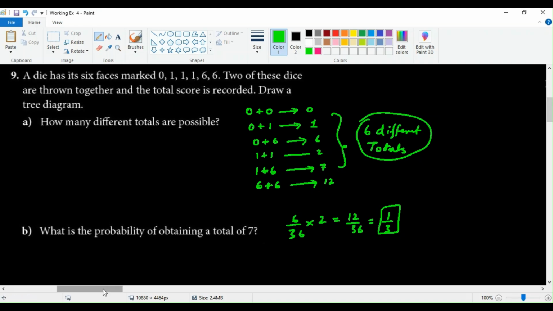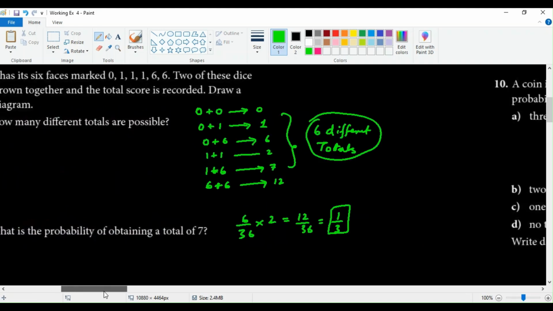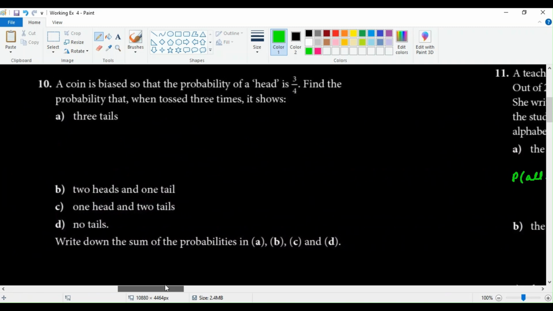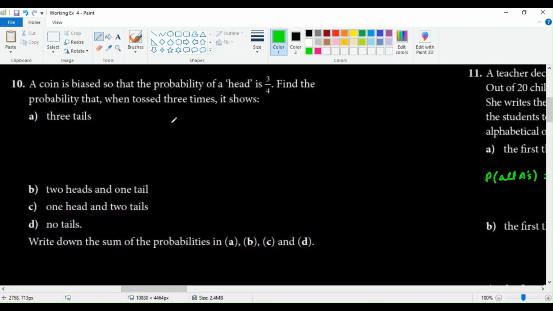When it comes to question number 10, it says a coin is biased. That means the probability of having a head is 3/4. Find the probability that when tossed three times, it shows three tails.